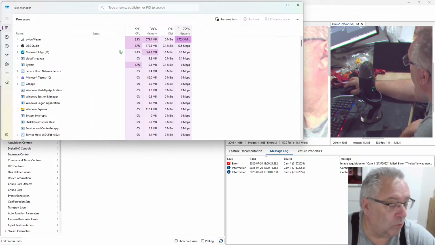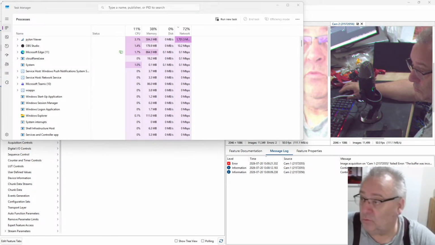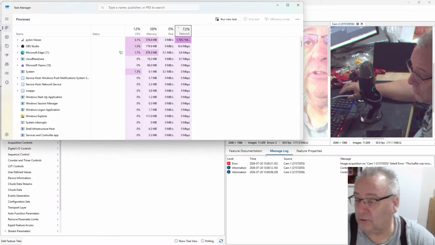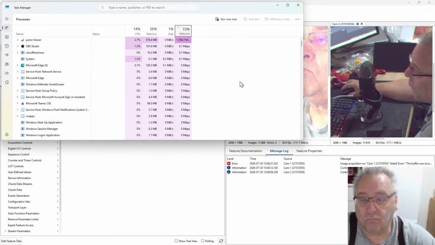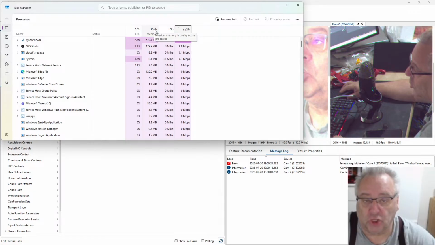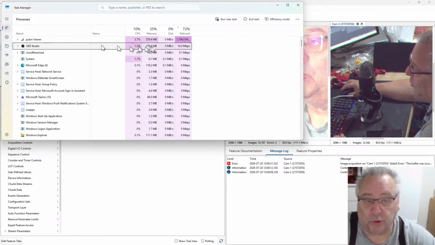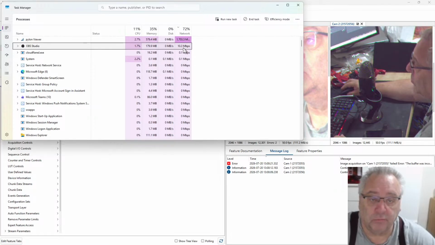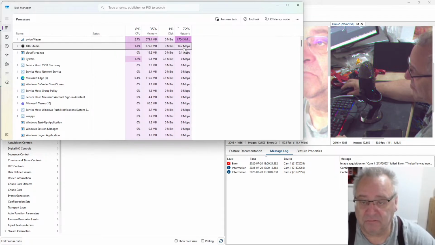Got some other stuff open. Let's close that for a moment, see if that actually makes a difference. Yeah, makes a difference. It's not shocking. OBS itself, which is on the other network card, 10 megabytes per second. That's nothing.